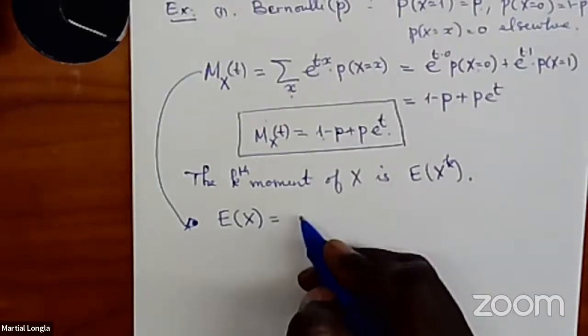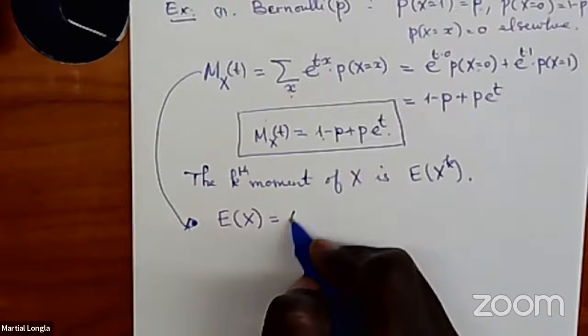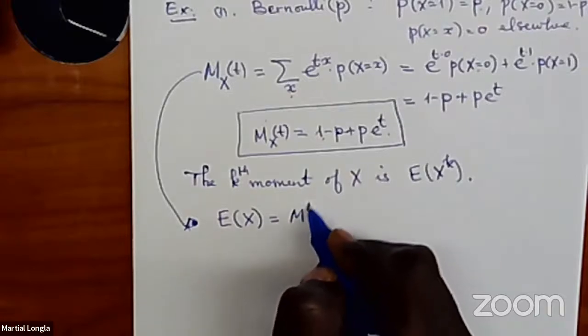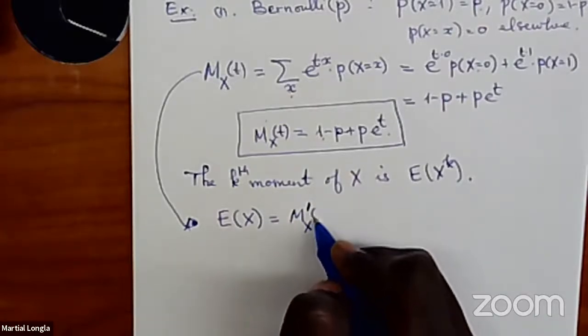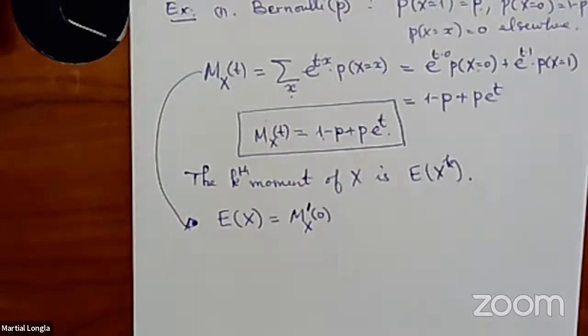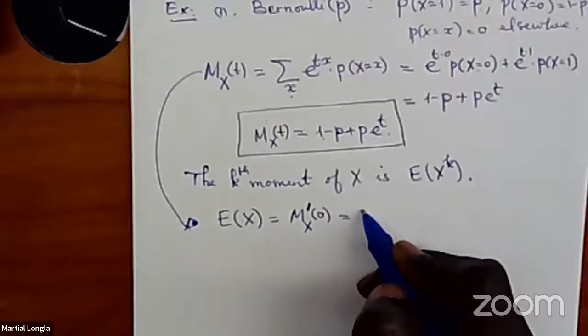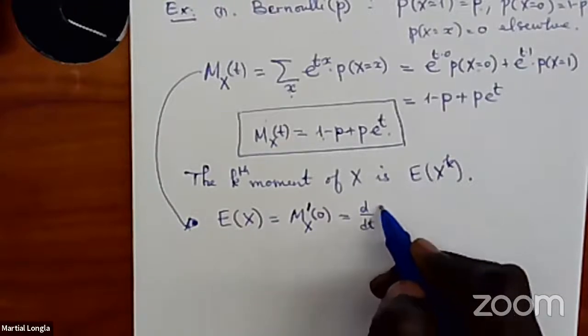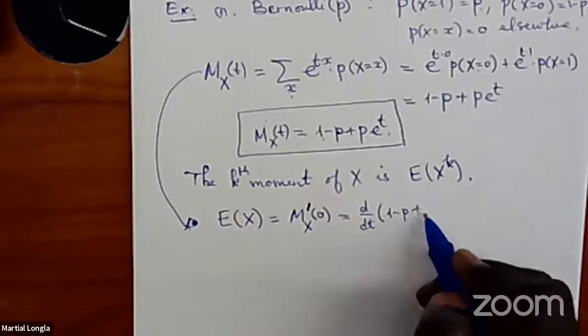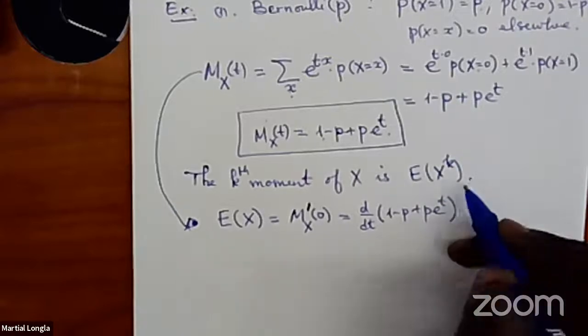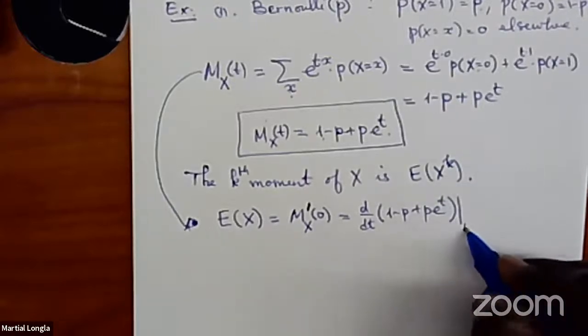So if I take the derivative of the moment generating function at 0, this is the expected value of X. So I take this function and take the derivative with respect to t of 1 minus p plus p e to the t, then plug in t equals 0.